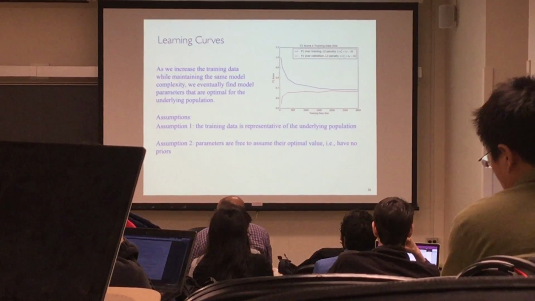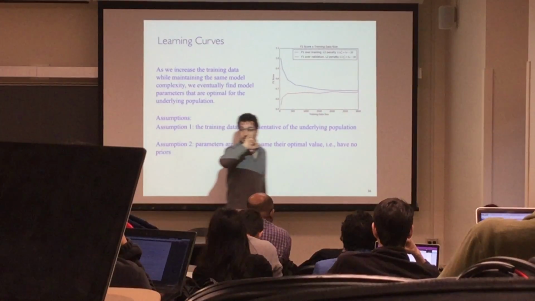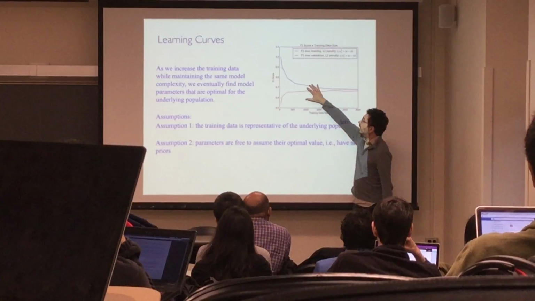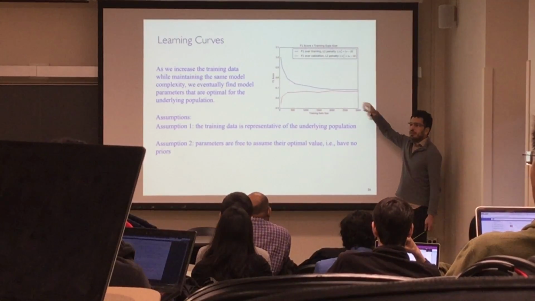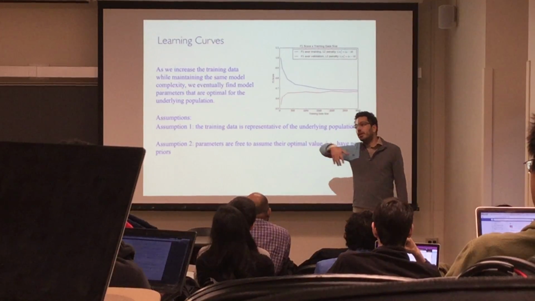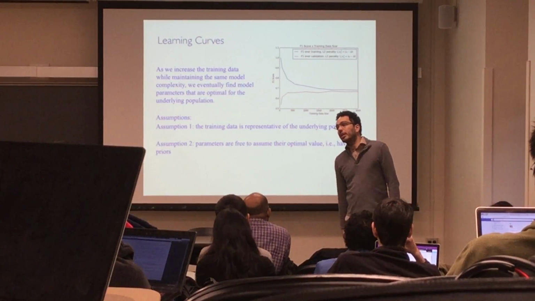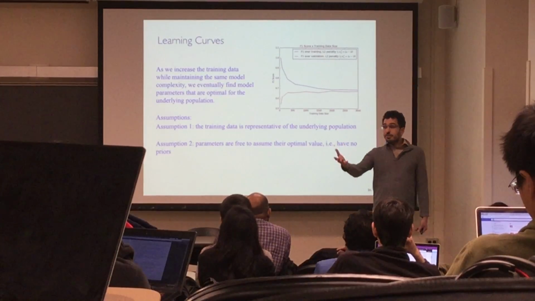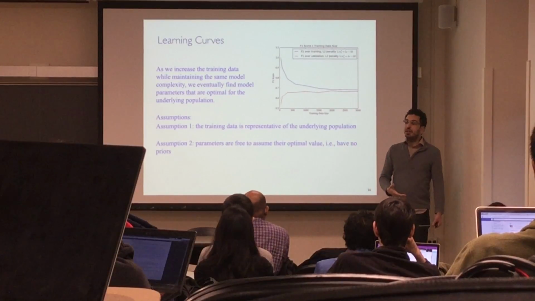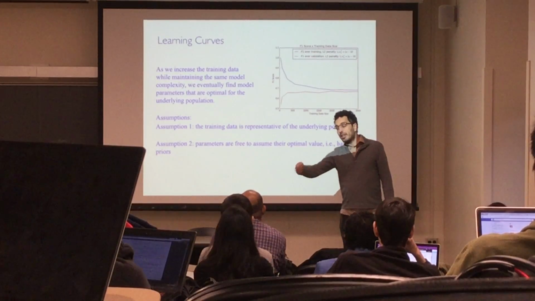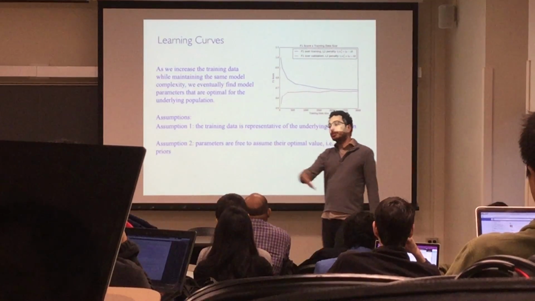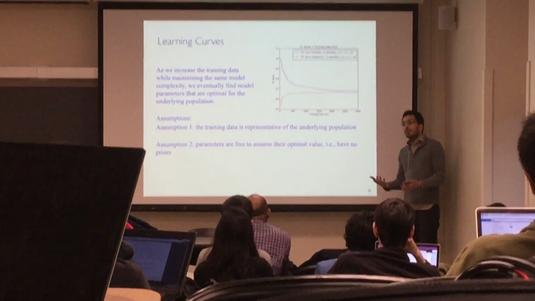So once you have enough training data, you can distinguish whether you should use that added complexity or not, and this will tell you whether the added complexity is helping. Generally in practice, most added complexities help as long as your estimation procedure for the optimal parameter values of the more complex model is as good as the one that you had.